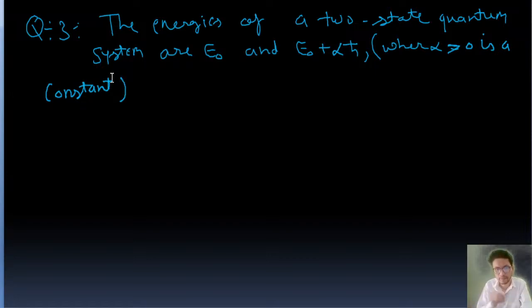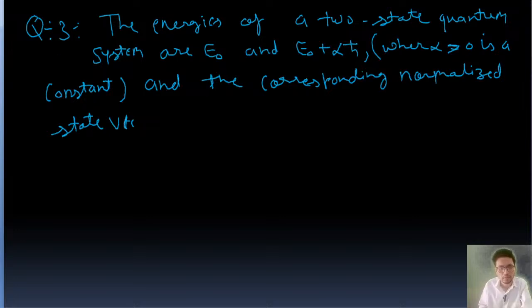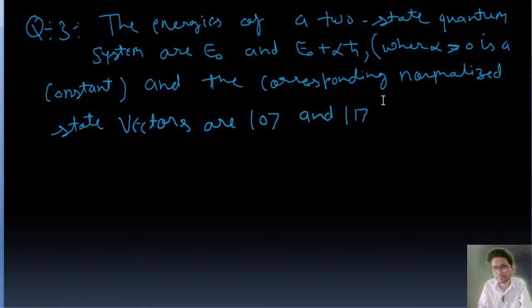and the corresponding normalized state vectors are ket 0 and ket 1 respectively.